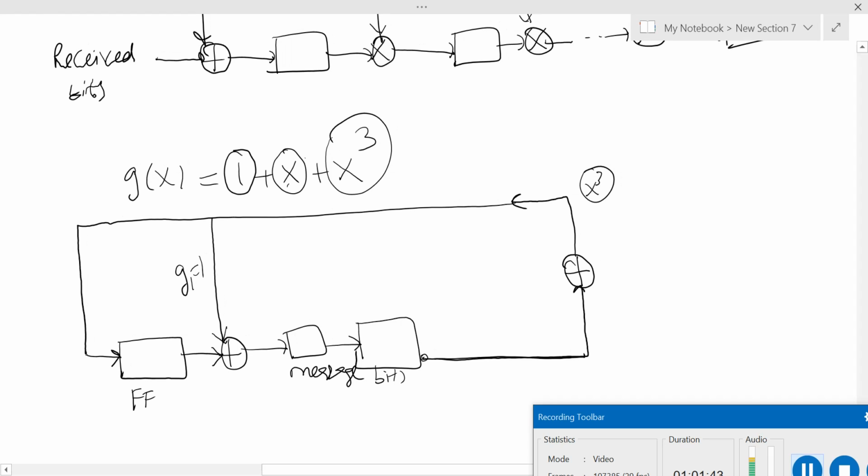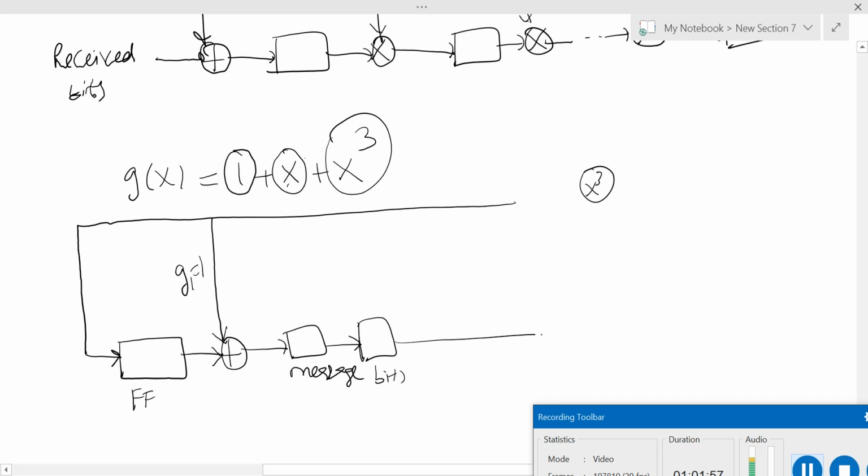And now the output of, oh sorry, I made a mistake here. Actually this XOR should be here, and here I should feed the message bits.